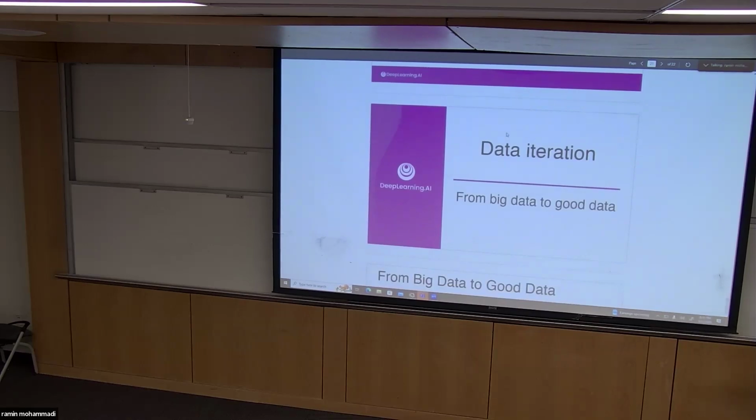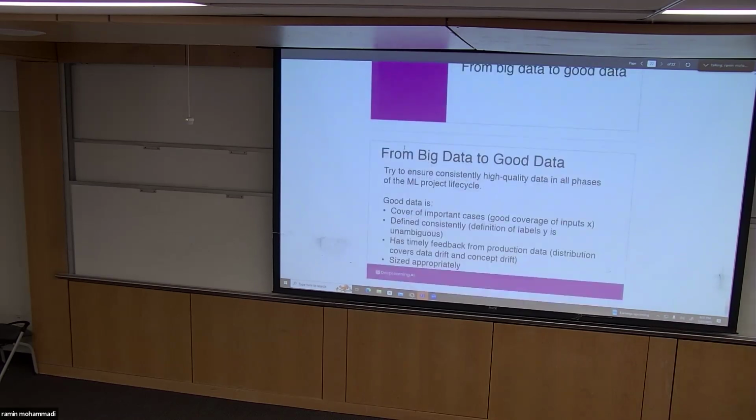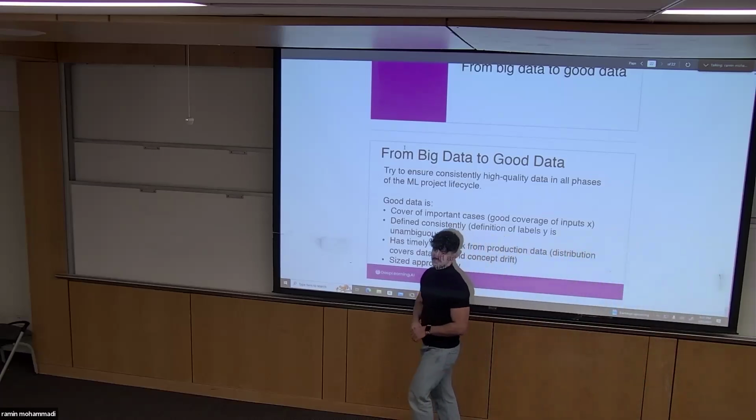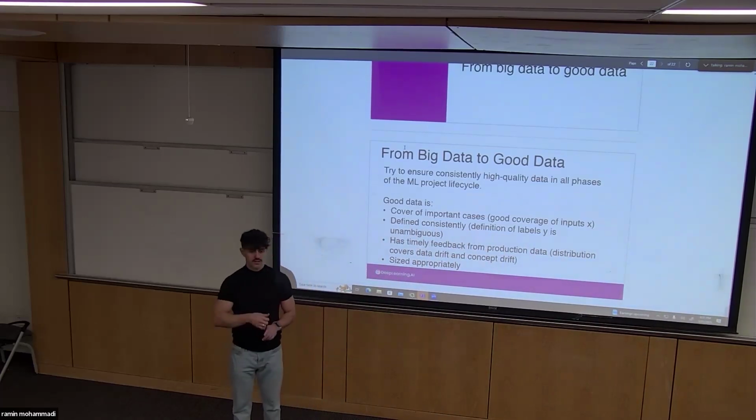The next thing we're going to go over is, again, part of data iteration, from big data to good data. One thing that's important to remember is that having lots of data is not the key. If you go back 5 years, we were in the era of big data. Everyone was talking about it, all the companies. But now most companies invest a lot in data engineers.